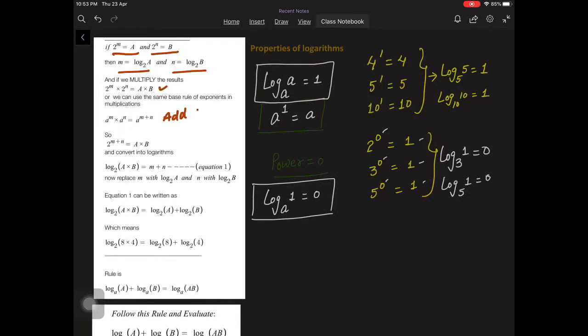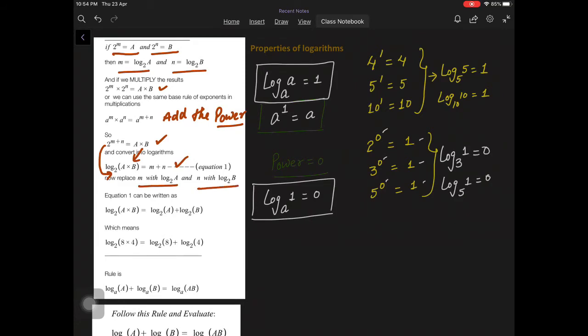So we can use that fact and we can add the powers. So we'll get 2 to the power m plus n equals a times b. Now convert into logarithm. So log with base 2 of a times b should be m plus n, because m plus n is the exponent, 2 is the base. So remember that conversion. Now we replace m and n with log base 2 of a and log base 2 of b from the beginning.